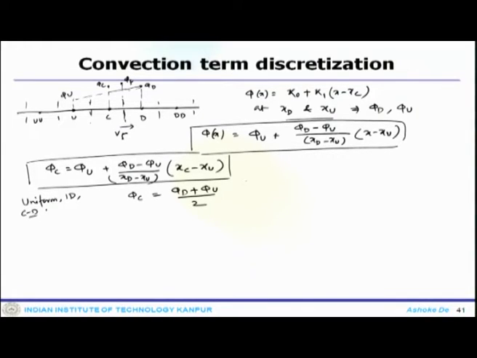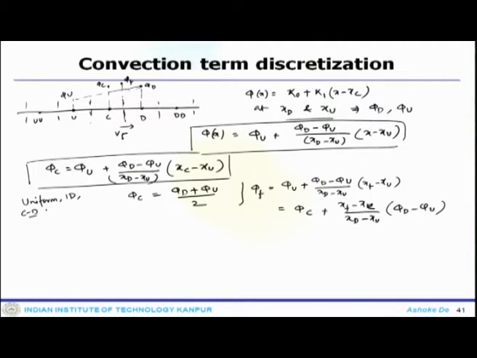Now, with that phi f would be phi u plus (phi d minus phi u) divided by (x d minus x u) times (x f minus x u), which one can write as phi c plus (x f minus x c) divided by (x d minus x u) multiplied with (phi d minus phi u).